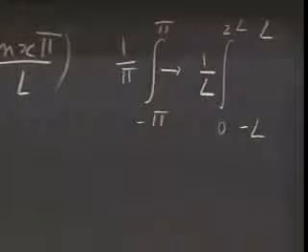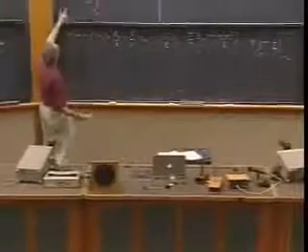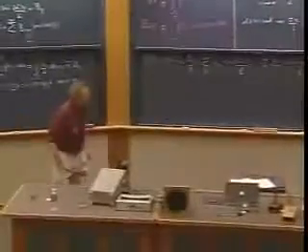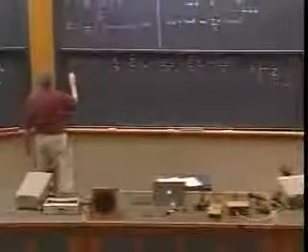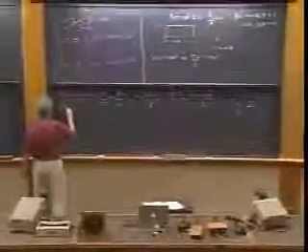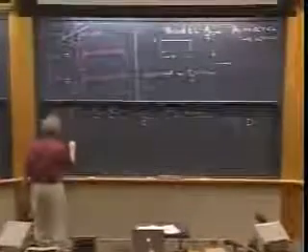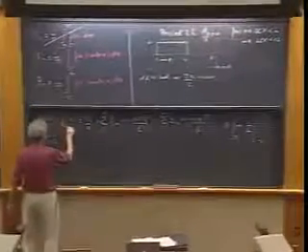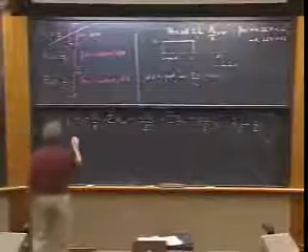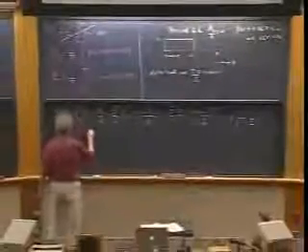And so, to make sure that you're not going to get confused, I'm going to rewrite the recipe for you. And I might as well do that again in red. So we got now that our A of m is 1 divided by L times an integral, let's just go from 0 to 2L. And then we get our function of x.